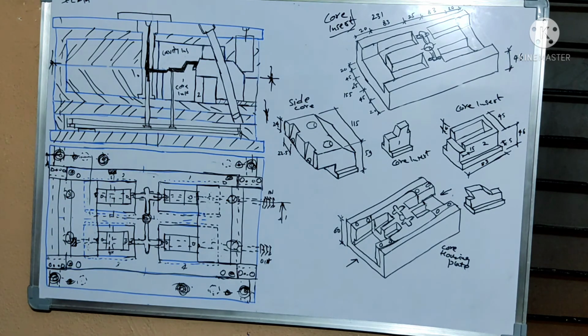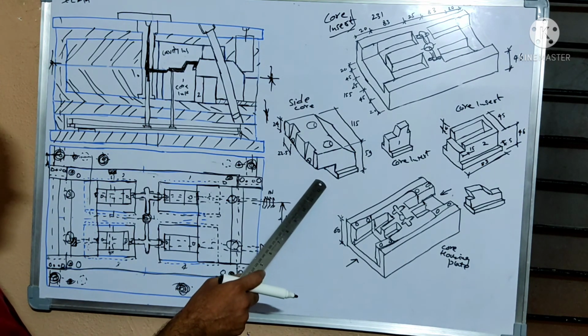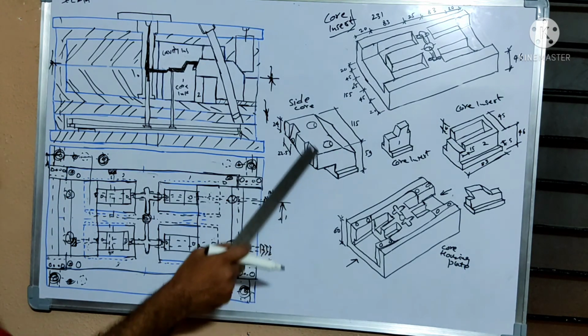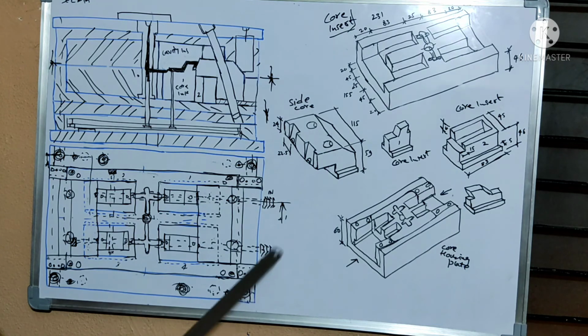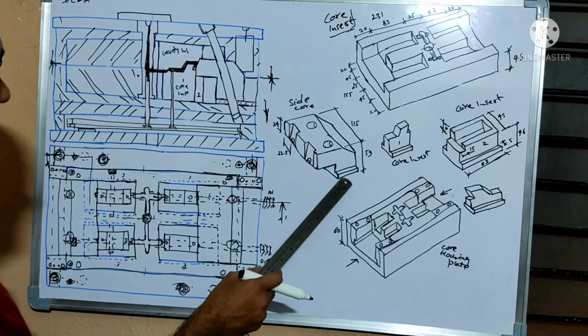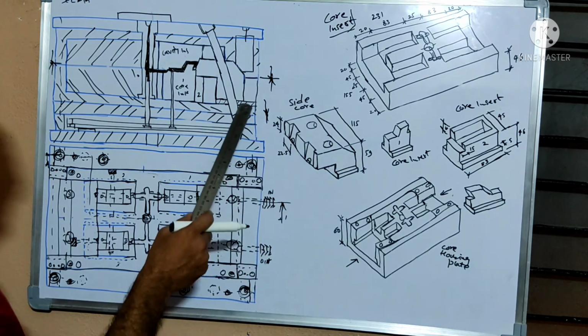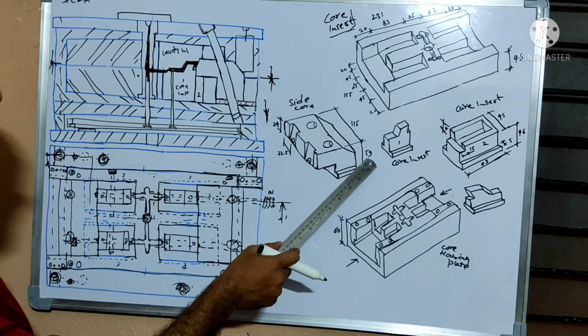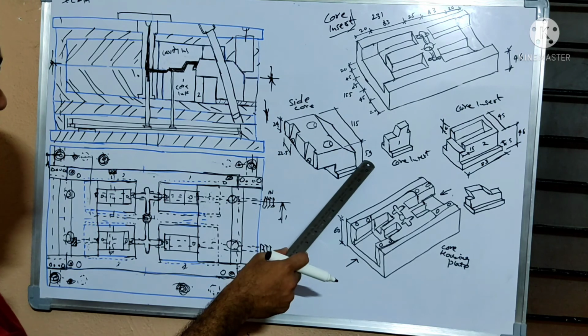And in the meantime, I also provided a referential dimension for the side core. You are going to observe the thickness of this side core, from this to this. The thickness of the side core is 59 mm.